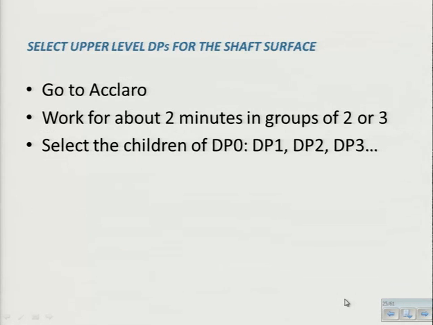Here's where I did manage to change ski binding to shaft surface. So now we want to find... I didn't get the groups part. Unless you're watching this with somebody else, it's unlikely you'll be able to form a group. So see what you can do to select the children of DP0, the topography of the shaft surface.